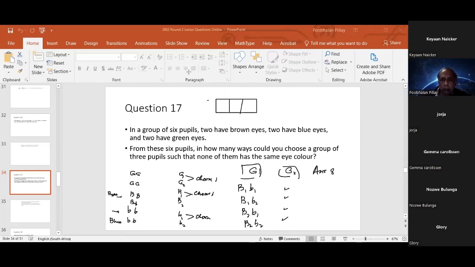You got the green and the blue and the small blue. Now this box can be filled in 2 ways. You can either have G1 or G2, and this one here also 2 ways, and this one here is also 2 ways. Because you could have the first guy with the blue eyes and the second guy with the blue eyes. Right? And to find out the number of ways, there's a very simple way of doing it. You find out how many ways each one can be done, and then multiply.